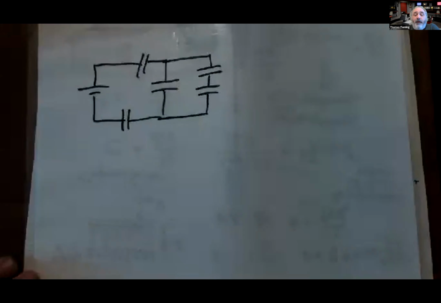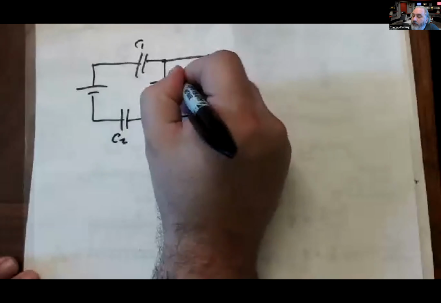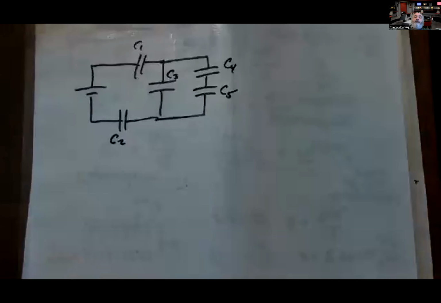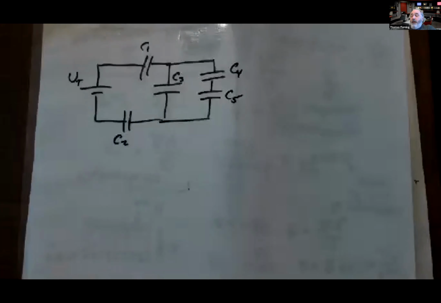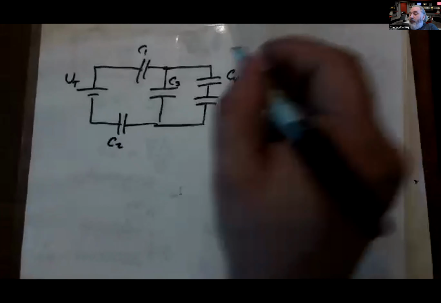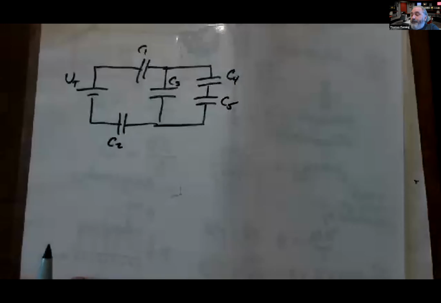All right. So I'll call you C1, C2, C3, C4, and C5. And you're, of course, V total. I want to find the total capacitance of all of these guys together.